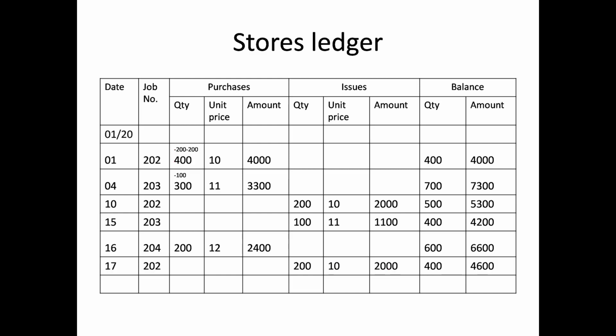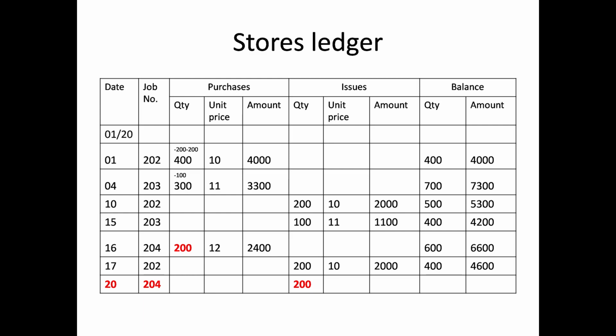Then the last date, 20th of January, it's an issue. Under date 20, under issues, quantity 200 and under job number, it's 204. Now go back to job number 204 purchases, January 16th. You have purchased 200 units.